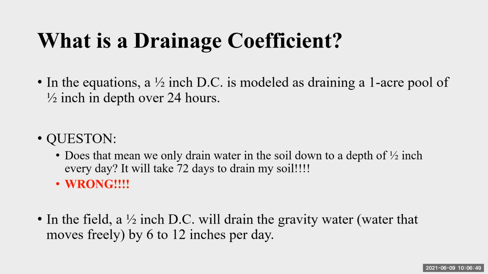A large portion of the water in the soil sticks to the soil. It doesn't actually go downward via gravity drainage. There's a small fraction that does, that actually moves through the soil in a downward motion to the pipe, okay? And if you have a fully saturated soil, typically a 1/2 inch drainage coefficient will drain the soil by about 6 to 12 inches per day, depending on, like I said, the soil type, okay?